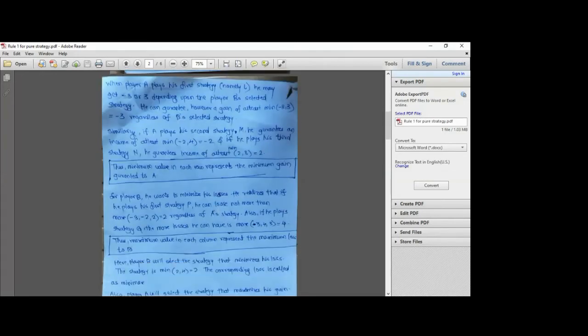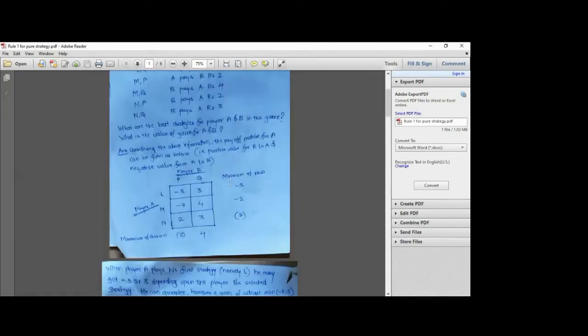So now here it is written, thus the maximum value in each column represents the maximum loss to the B. So here we have found out by this value the minimum gain for each strategy for player A, and by finding out these values we have found out the maximum loss that that particular player will have to have, if he is playing his strategies P and Q, right?